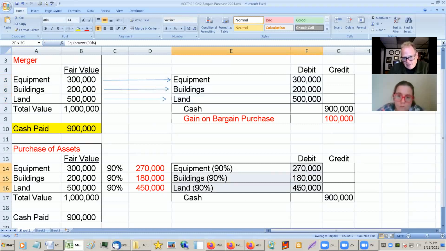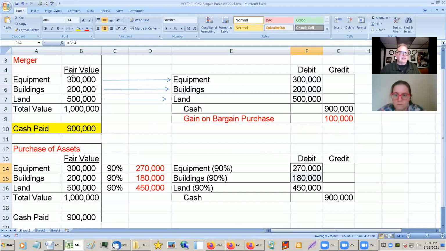If they're all 100,000, it probably doesn't make that much difference. But suppose these were 300 million, 200 million, 500 million. All of a sudden, it can really have an impact on profitability, because you're going to be depreciating these based on these larger numbers, whereas down here these are smaller numbers with smaller depreciation.